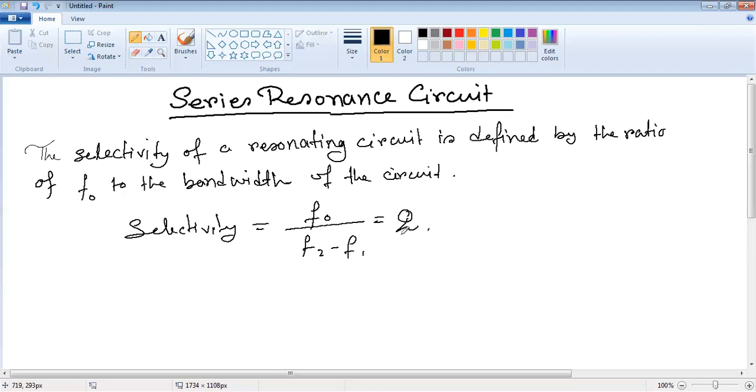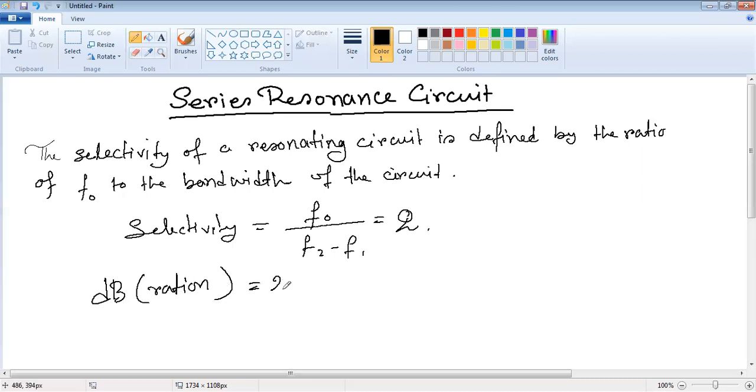F1 and F2 are also called 3 dB points, as the current ratio of I1 and I0. So 3 dB means the dB ratio.